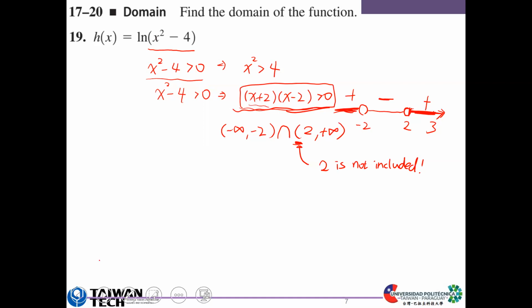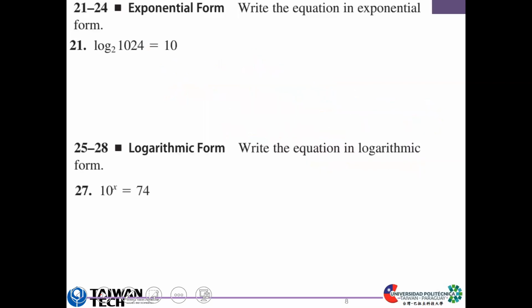Okay, and let's look at problem 21. Exponential form. So we need to write the equation in exponential form. Here, you always remember the result of a log function is the exponent of the base. Let me write it down.